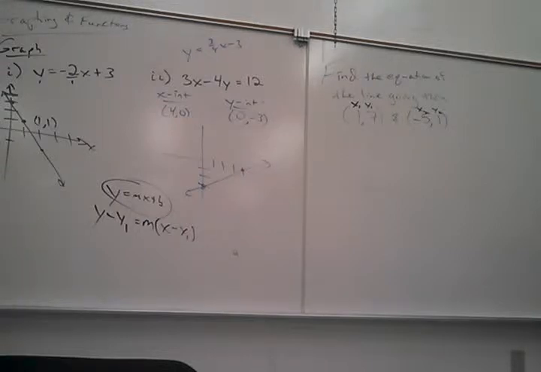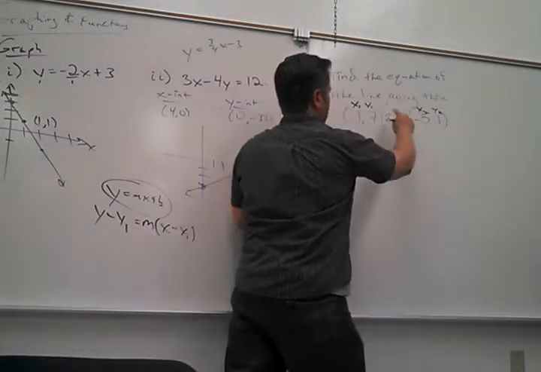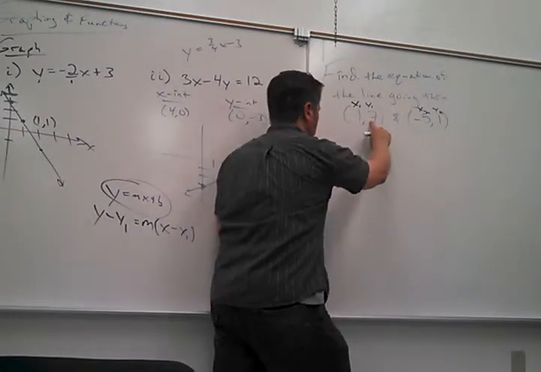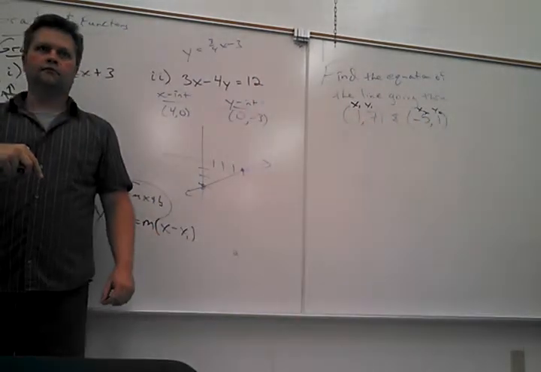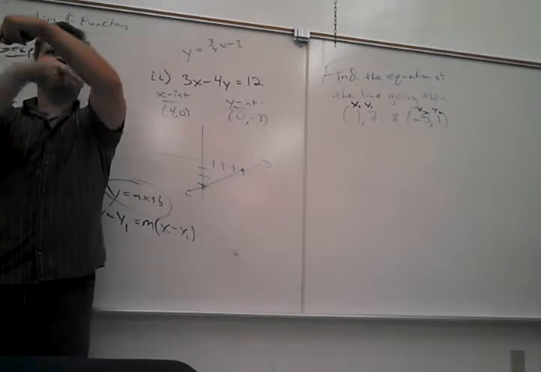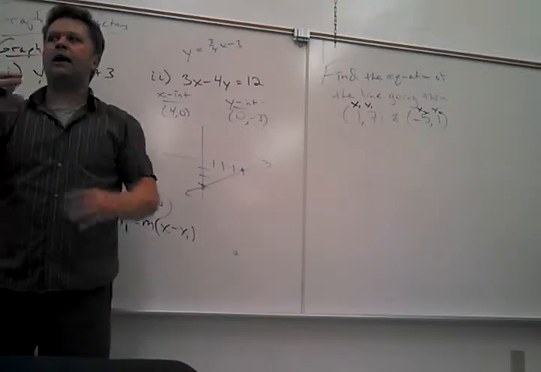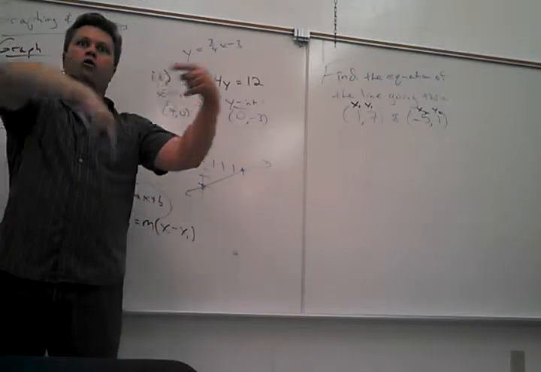So really, the only reason we have these little 2's and 1's is so that you go in the right direction. If you do 1 minus 7, you have to do -5 minus 1. You have to go in the same direction. If you go the wrong direction on one of those, you're going to have the negative instead of a positive, or the other way around. It's going to be going the wrong way, the slope.